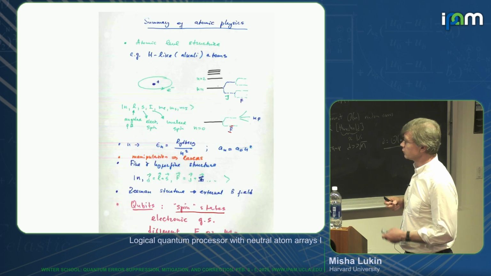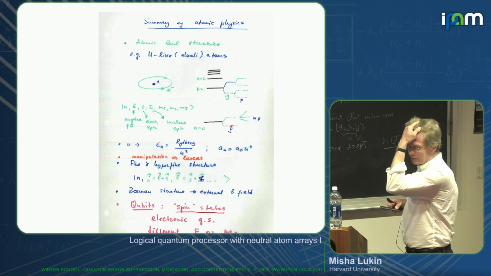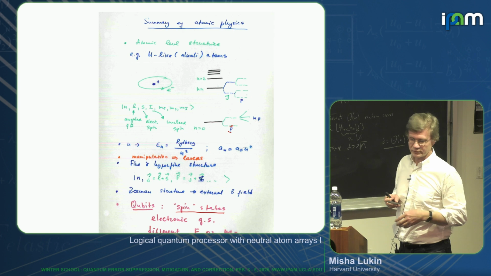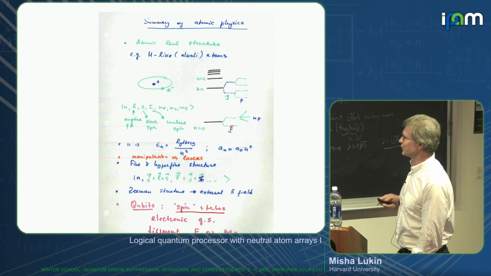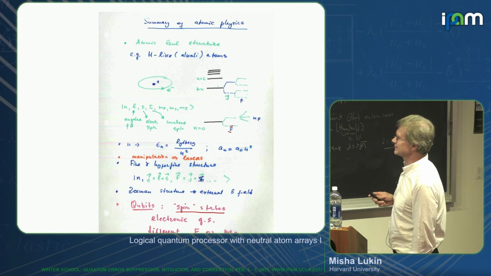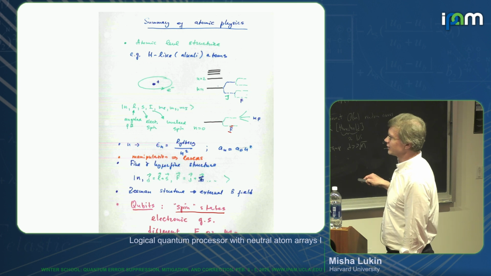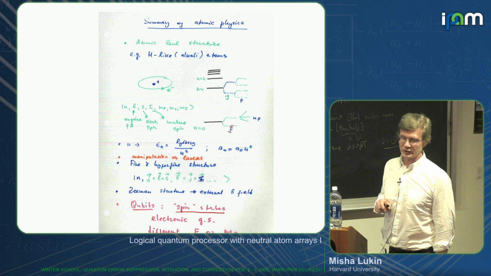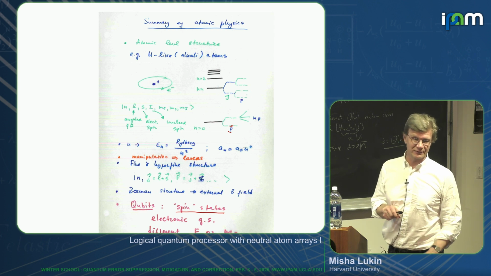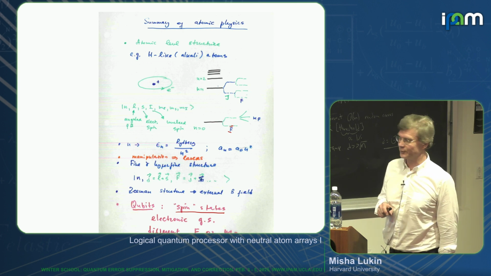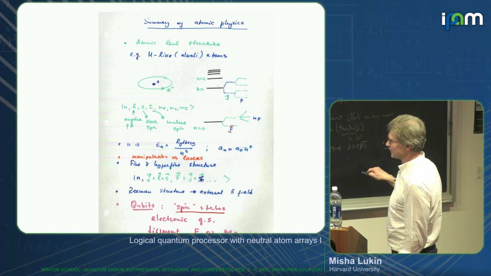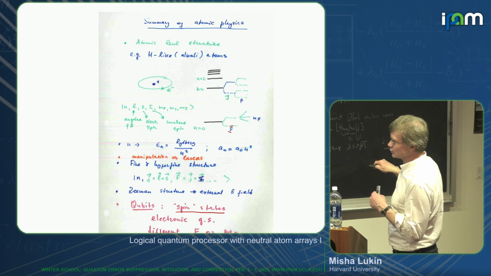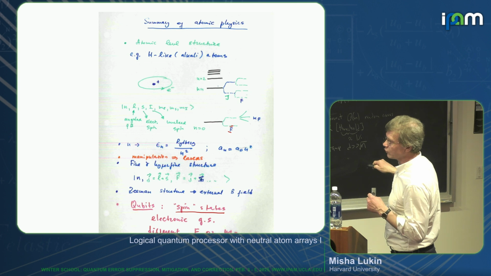To remind you, here is a one-page summary of atomic physics, what we need to know. Sorry, it's from my class. Here are the energy levels of the hydrogen atom. Maybe some of you in computer science never even learned about the hydrogen atom, but it has a bunch of levels, actually an infinite number of levels.